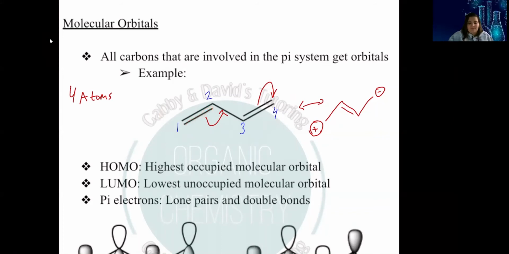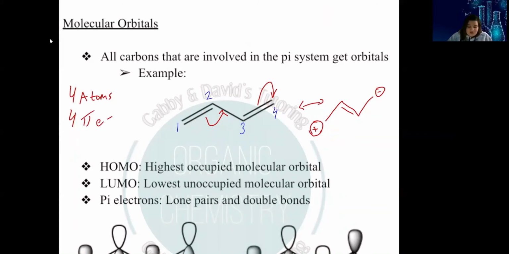If you remember in lecture, sometimes they'll say pi bonds, those are double bonds, and then they'll say sigma bonds, those are single bonds. Just some terminology for you there. But in any case, we have 2 double bonds. So this is 2 pi electrons, 3, 4. So we have 4 atoms and 4 pi electrons. These numbers may not always be the same. It's just in this case, they match up pretty nicely.